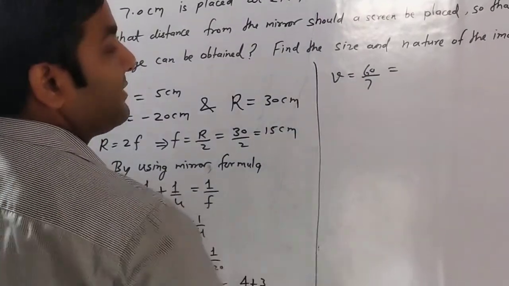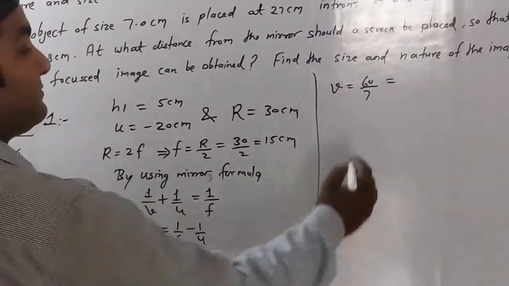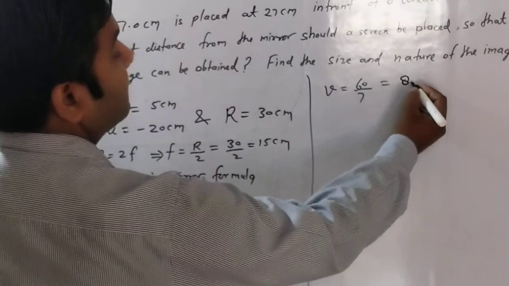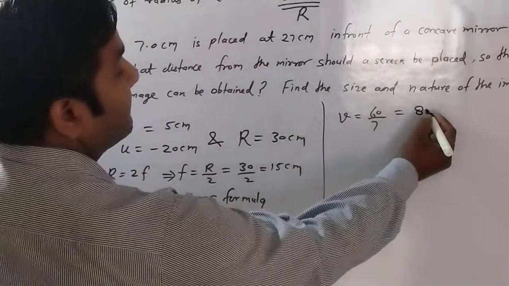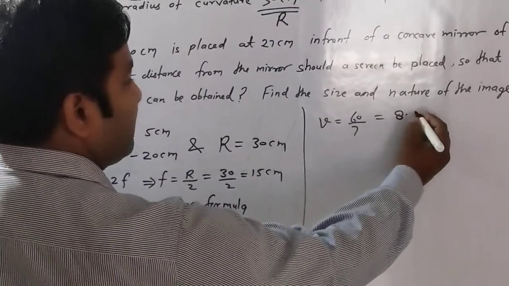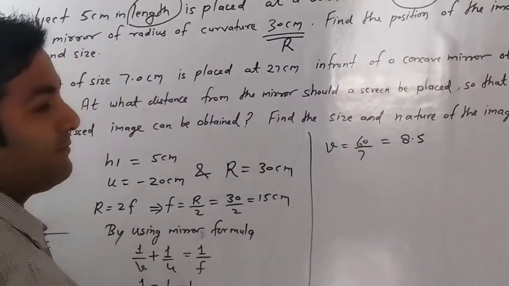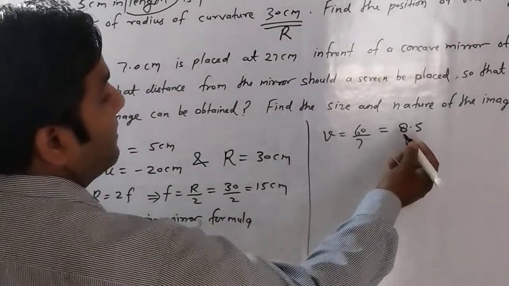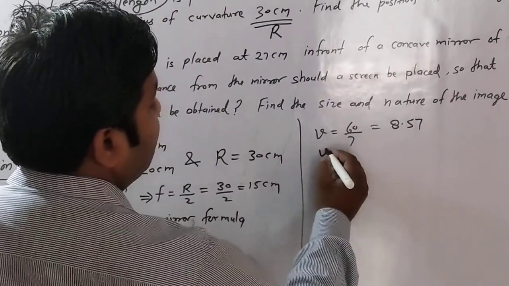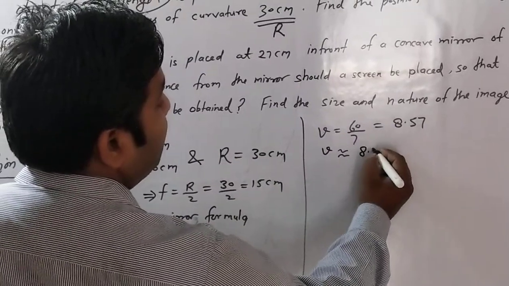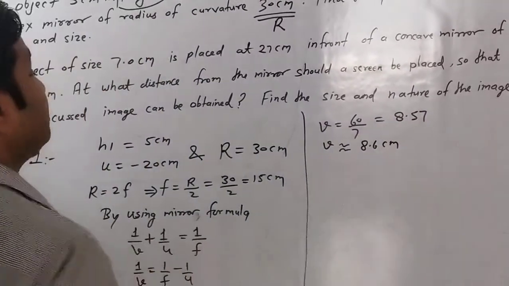When we divide 60 by 7, 7 eights are 56, and 4 remaining, then point 0, 7 fives are 35, and 5 remaining, then 5 after 0, 7 sevens are 49. Approximately we can take this as 8.6 centimeter.